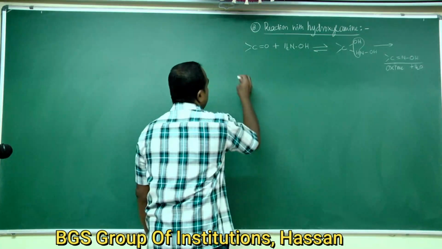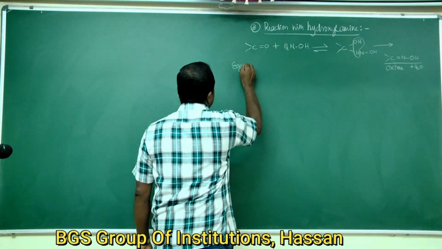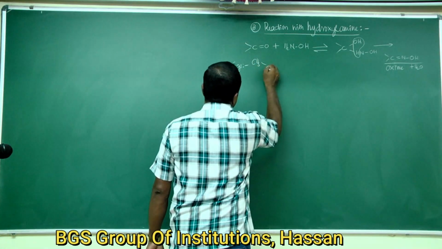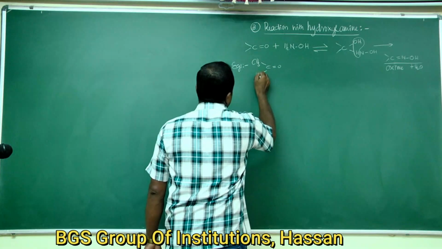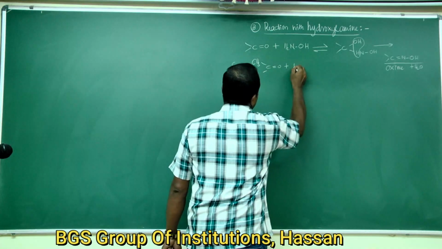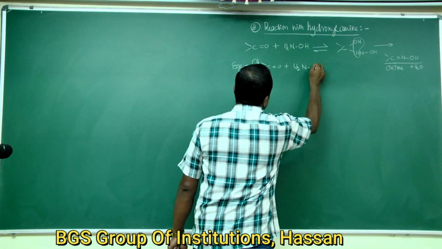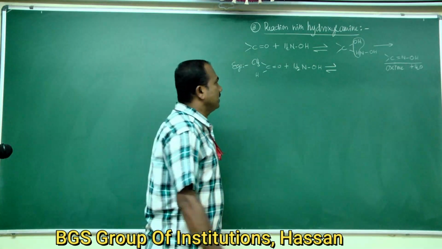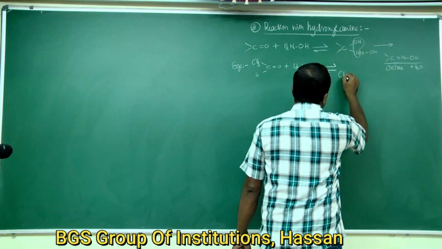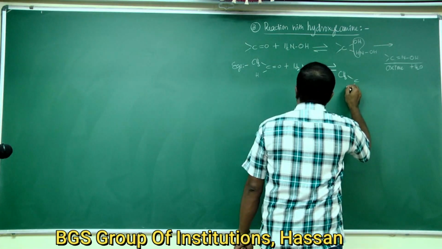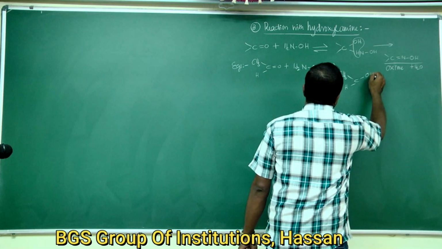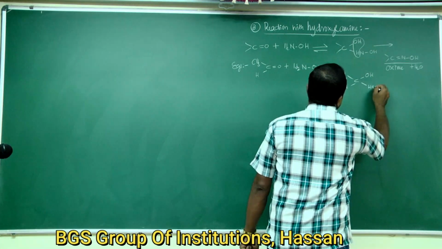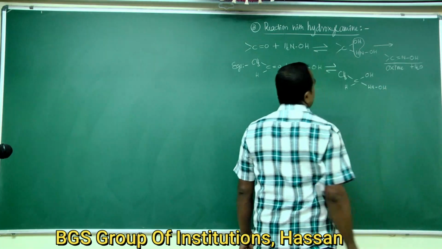If we take examples for this reaction, take the aldehyde acetaldehyde, CH3CHO. Acetaldehyde reacts with hydroxylamine, whose formula is NH2OH, to give the intermediate product CH3CH(OH)NHOH.